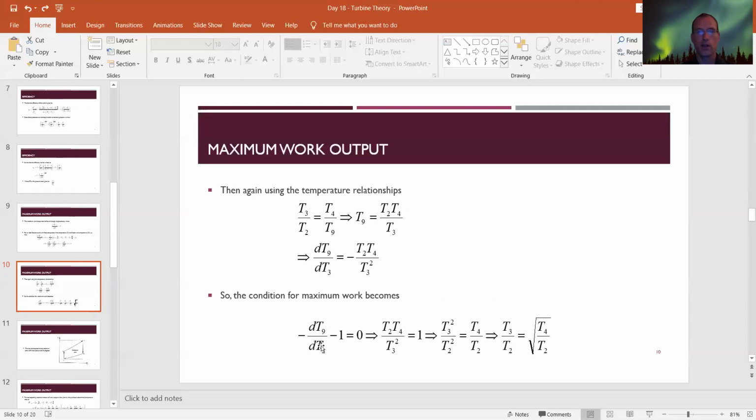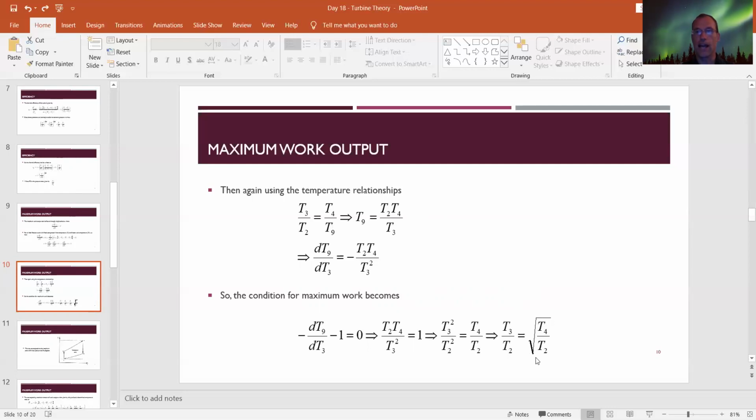Plugging that in, the minus signs cancel, and I have T2 T4 over T3 squared. Move the 1 to the other side; that has to equal 1. Now I can solve for T3 over T2. Moving the T3 over, dividing by T2, and dividing by one more T2 to give me T2 squared, I'm left with T4 over T2 on the other side, and then take the square root. So T3 over T2 is the square root of T4 over T2.